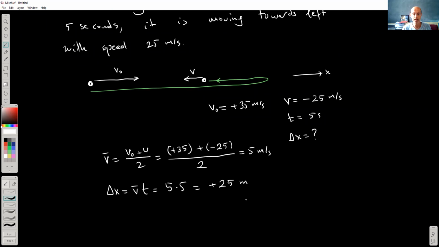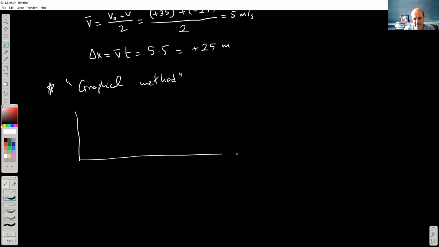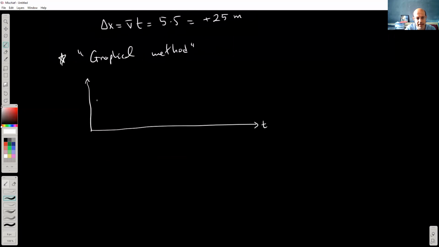Okay. Now the graphical method, what people call the graphical method. It looks like that. This is the velocity versus time graph.